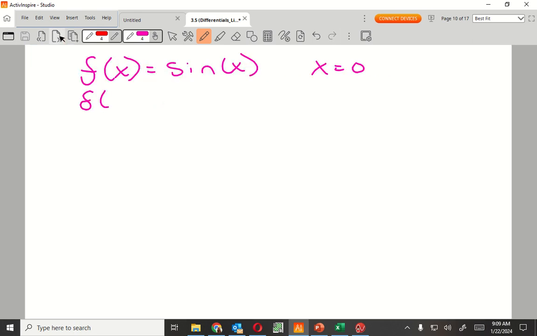So f of 0, sine at 0. Unit circle. What is sine at 0? 1. It's all the way to the right, isn't it? Sine is y.